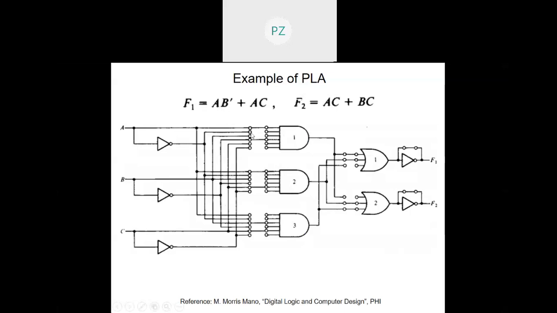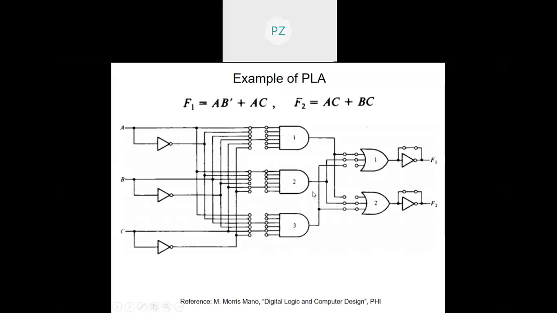B I don't want to have, I want to have B' instead. So you see this is B'. So for AB', these are the only two fuses. So what product term do I get here, which is not the minterm, this is the minimized product term. So I'll get AB' here.